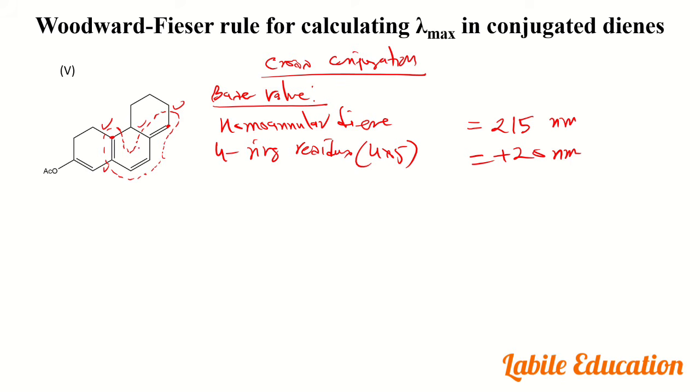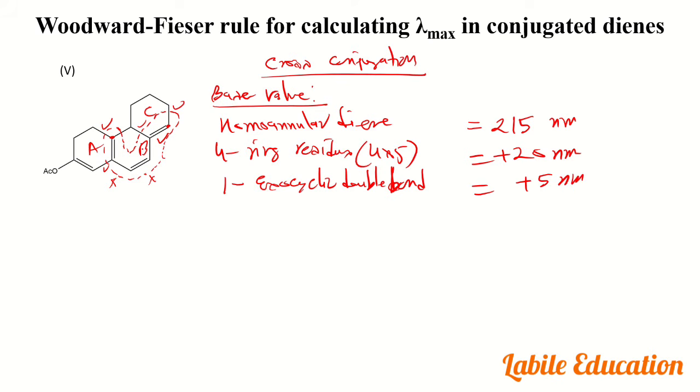Now we will see whether there is any exocyclic double bond. This double bond is not exocyclic to any ring. This is also not exocyclic, but this is exocyclic to the B ring, suppose A, B, C, the middle ring. So there is one exocyclic double bond. So this will contribute plus 5 nanometer.